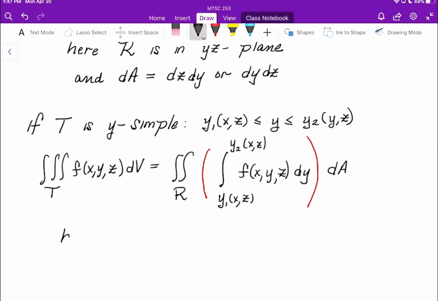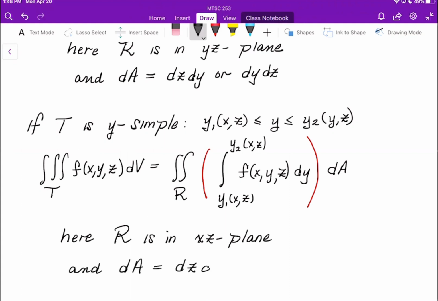And here, R is in the xz plane, and dA is dz dx, or dx dz.